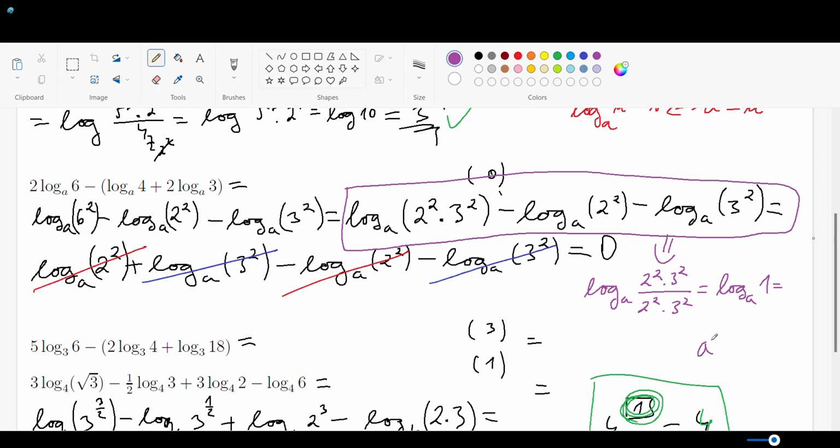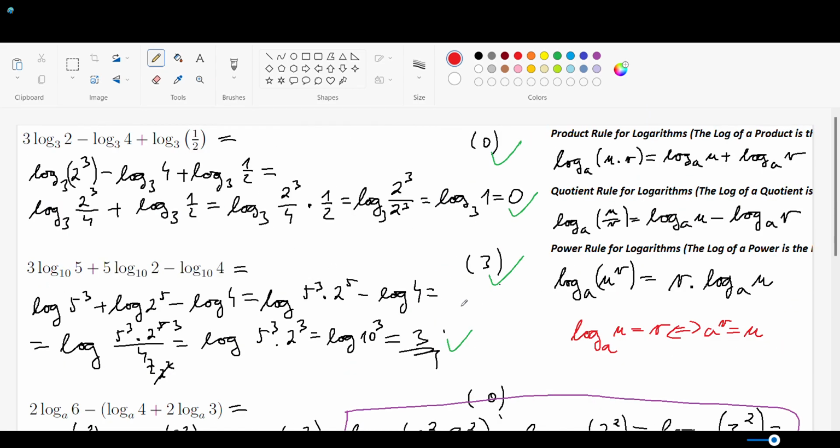Again you ask yourself, a to the power of what is equal to 1? As we already know, the power is 0, because any number to the power of 0 is equal to 1. So the result is, sorry, this was a mistake, equal to 0.